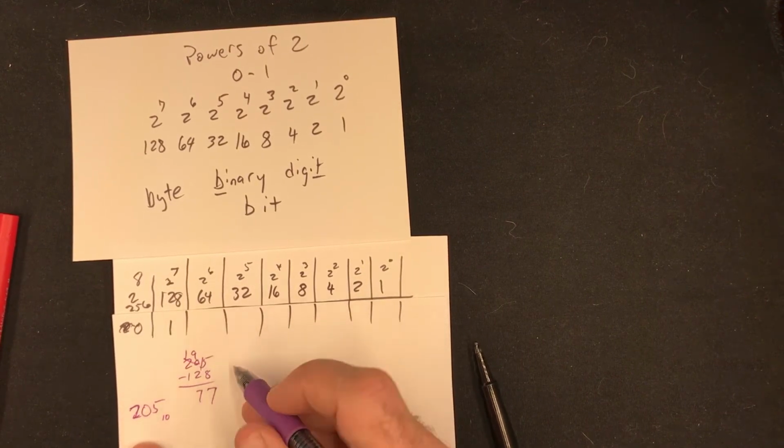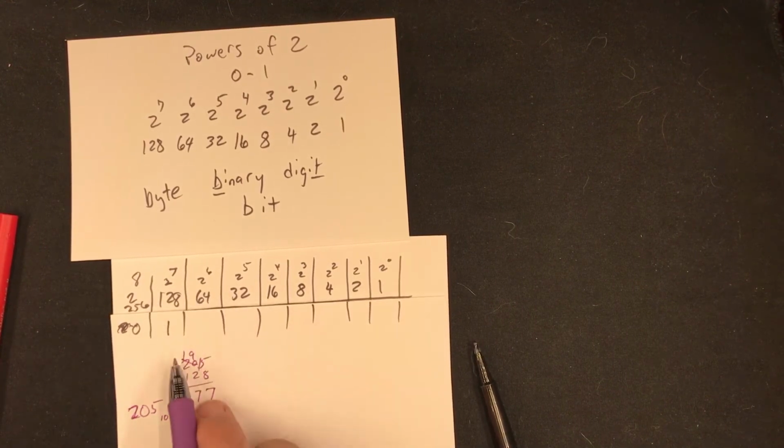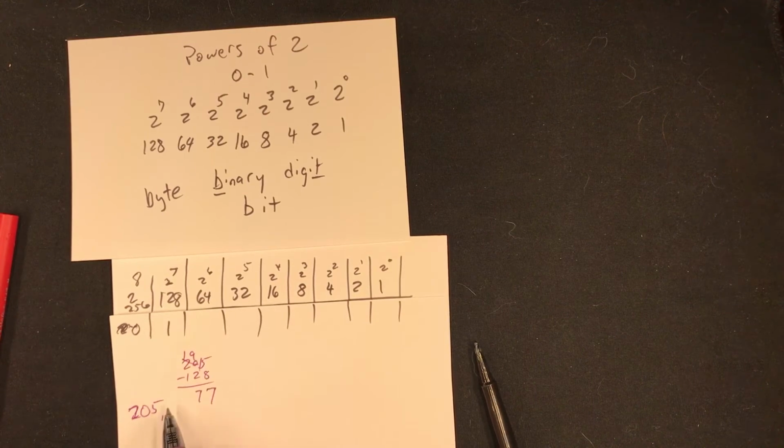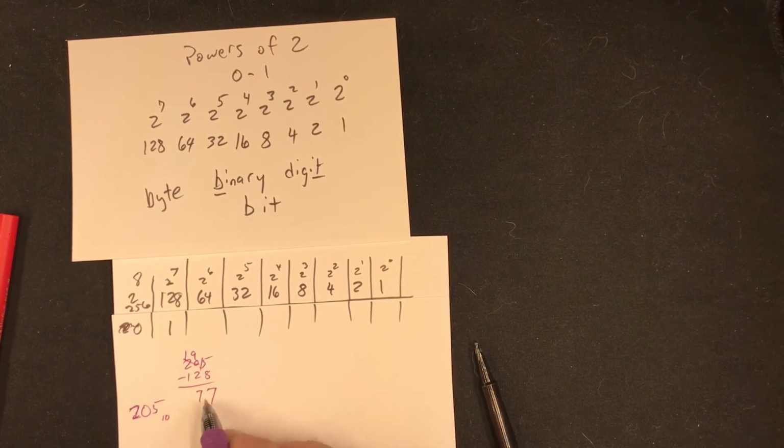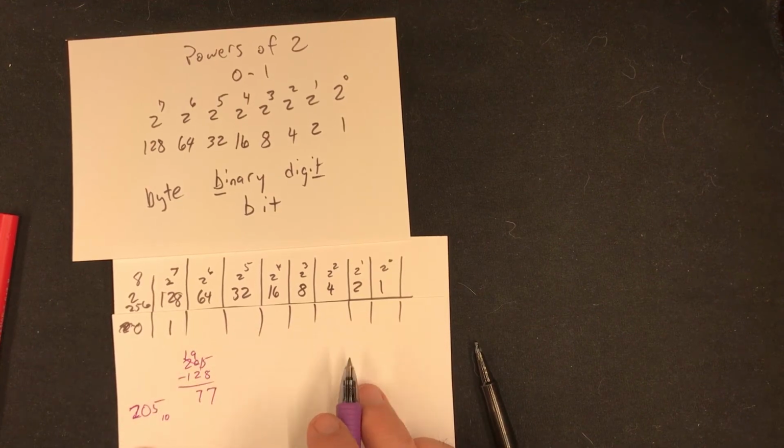So 77. If I put a 1 here, I've expressed that 128 now. So we take that out of the picture. I'm left with 77 that I need to express with the remaining numbers.